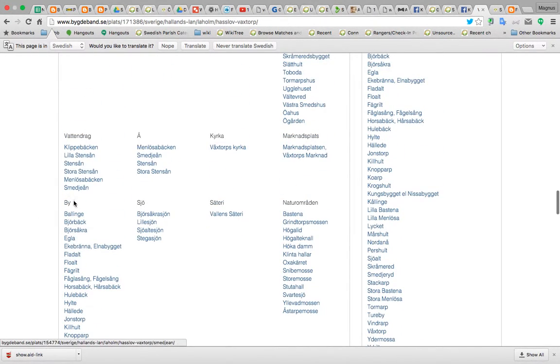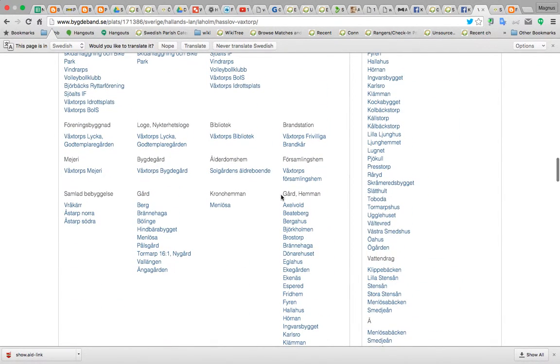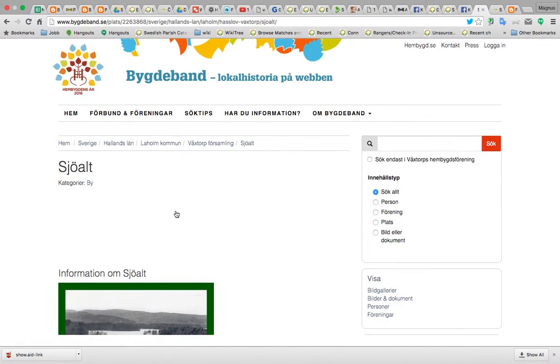So you have village, sea, säteri, I think it's, I don't know. They have horses or something like that. Here and here you have farms and so on. But Sjöarp is down here. And then, Sjöallt I think was the name of it, wasn't it?